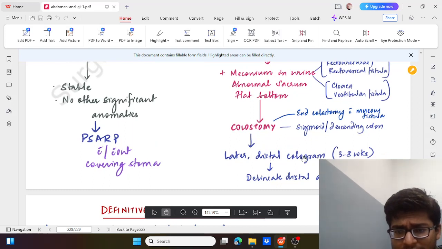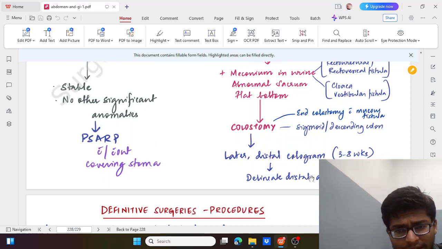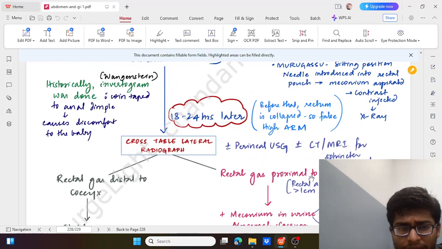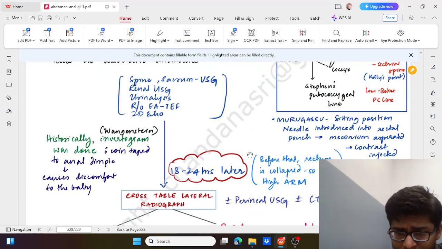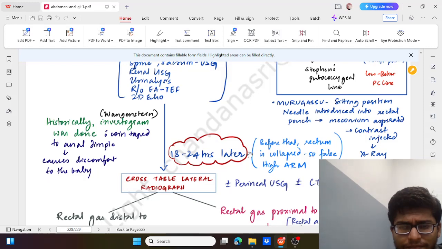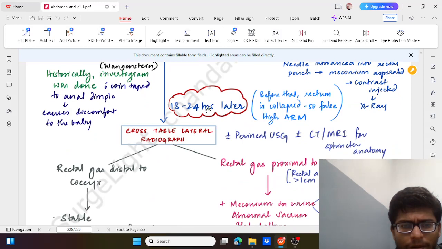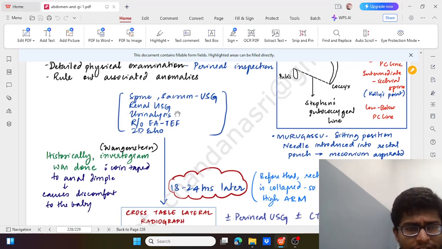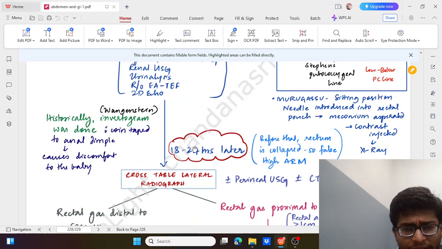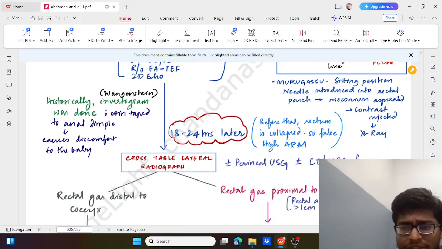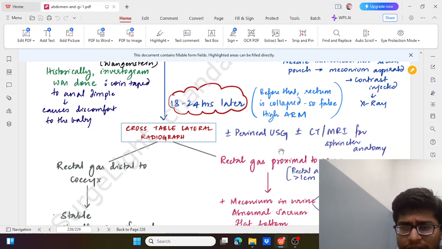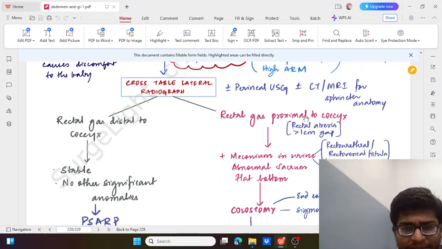Later, with the distal colostogram, we delineate distal anatomy, and later we go for reconstruction. After the initial investigation, we wait for 18 to 24 hours so that the rectum is collapsed and a false high ARM is not missed.